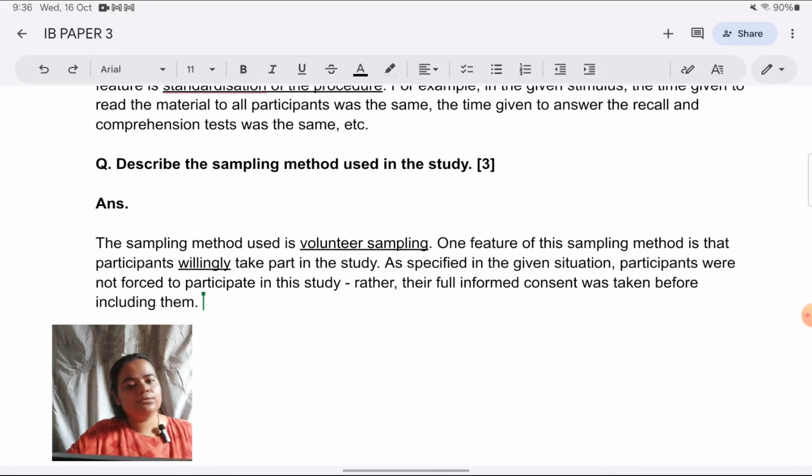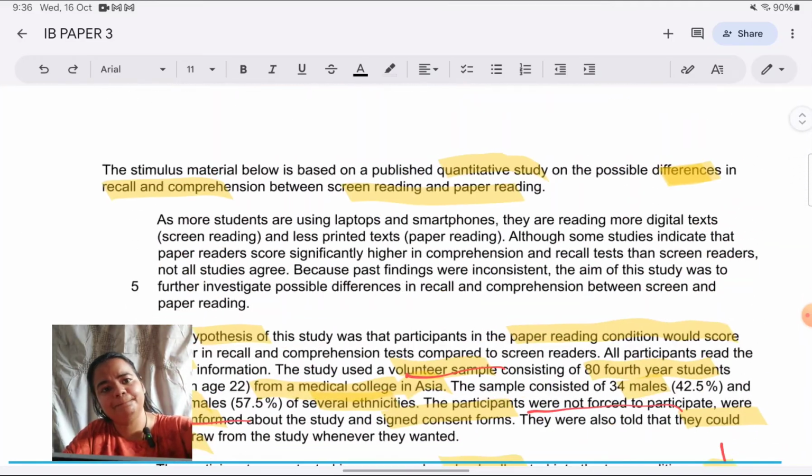One thing we can know is when it comes to these research method and sampling type of answers, even strengths and weaknesses, that is evaluative points of these research methods, even they count as characteristics or features. So one feature which we also often take as a limitation of volunteer samples is that they tend to be similar to each other and they tend to have some common shared characteristics, which is very clear in this stimulus if we see.